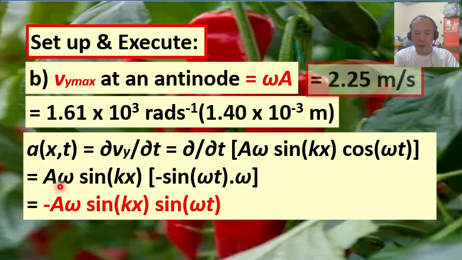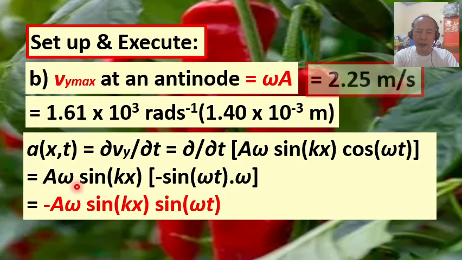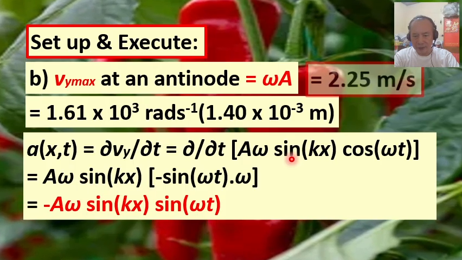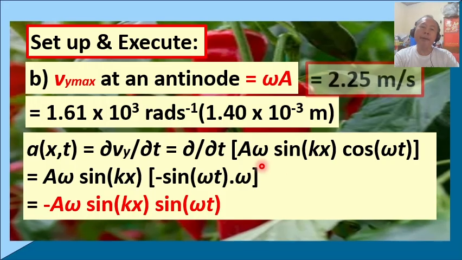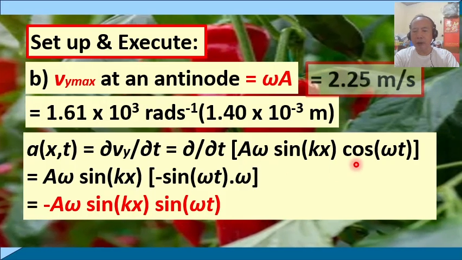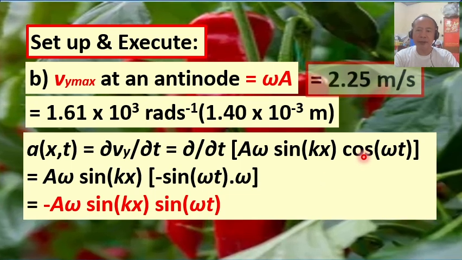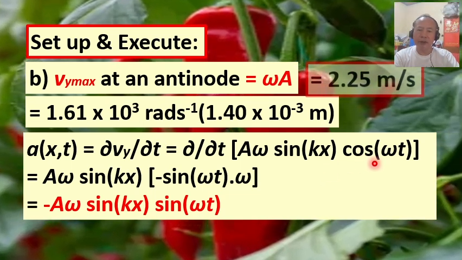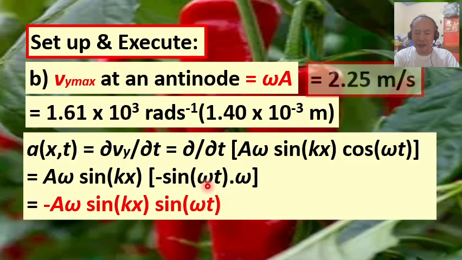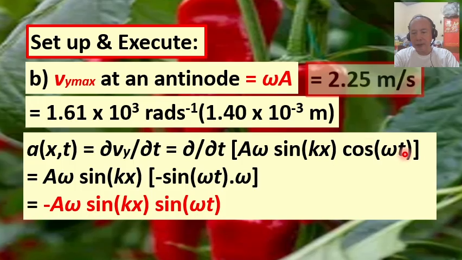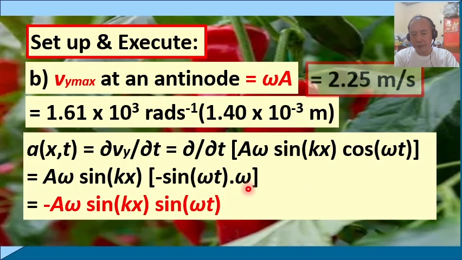That's why we just bring it down here as A omega sine kx. But in getting the first partial derivative of cosine omega t, again, we apply the chain rule. That is, the derivative of cosine omega t is just equal to negative sine omega t times the derivative of omega t, which is equal to omega.